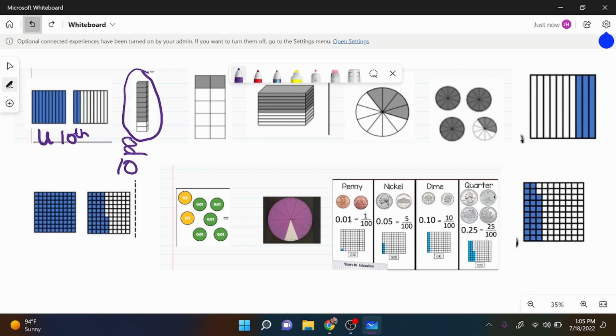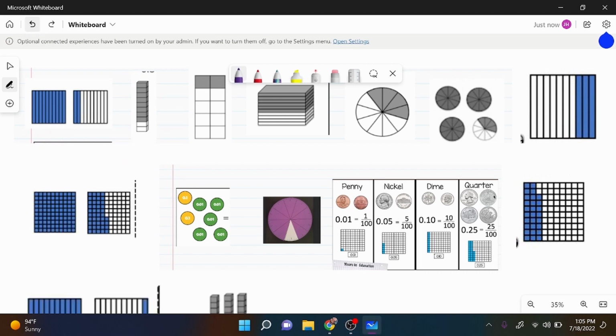Okay, these are the models we're used to seeing with our 10 blocks and our hundredths blocks. Now we see things like this. And this just looks like a regular fraction, a rectangle that's been divided into pieces. So there are 2 shaded, and there's 2, 4, 6, 8, 10 total.